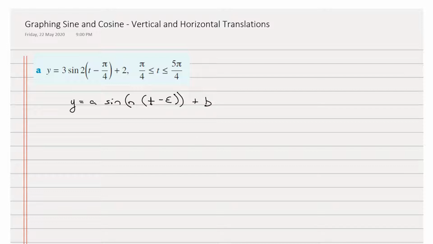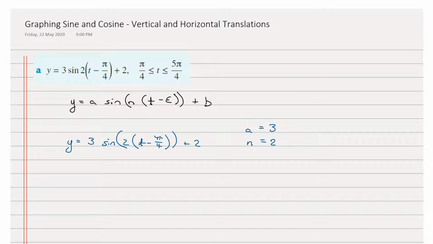So consider if we tried to graph this function, y equals 3 sine 2 times (t minus pi over 4) plus 2, and I'll add parentheses in there. What we're going to find is that a is 3, so amplitude dilation of 3, period dilation of a factor of 2.